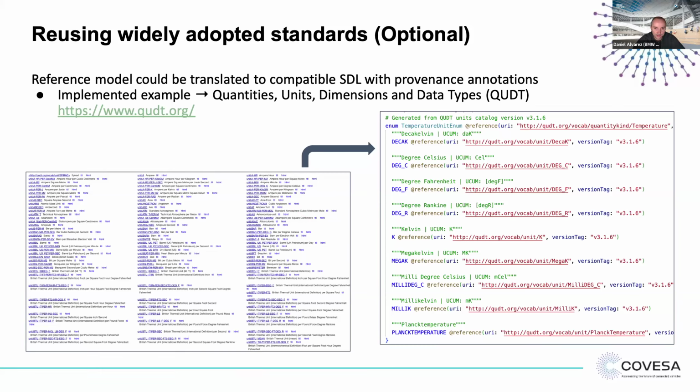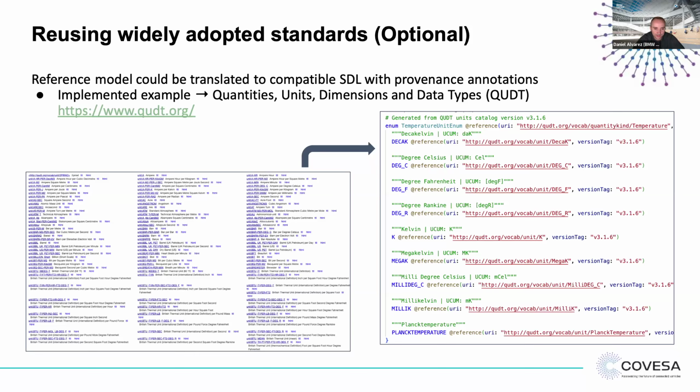A clear example where this can be beneficial is the area of units and quantity kinds. If you are familiar with the BSS project, there we have a units file that is containing maybe 20 or 30 units, or maybe around 50, but I believe no more.